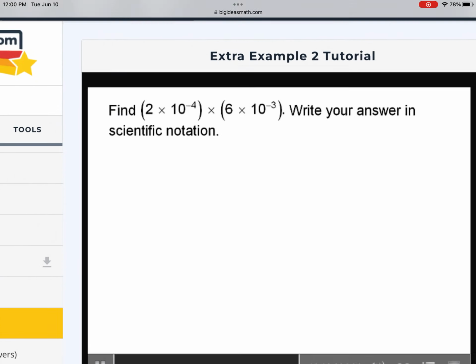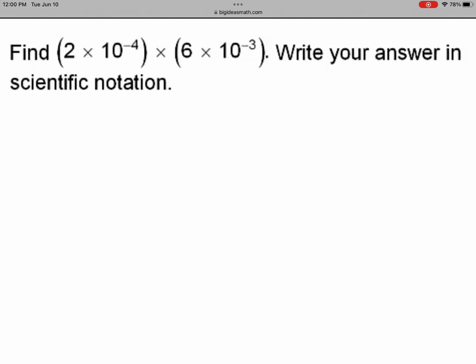Find the quantity 2 times 10 to the negative fourth times the quantity 6 times 10 to the negative third. Write your answer in scientific notation. First, let's write the problem. The quantity 2 times 10 to the negative fourth times the quantity 6 times 10 to the negative third.